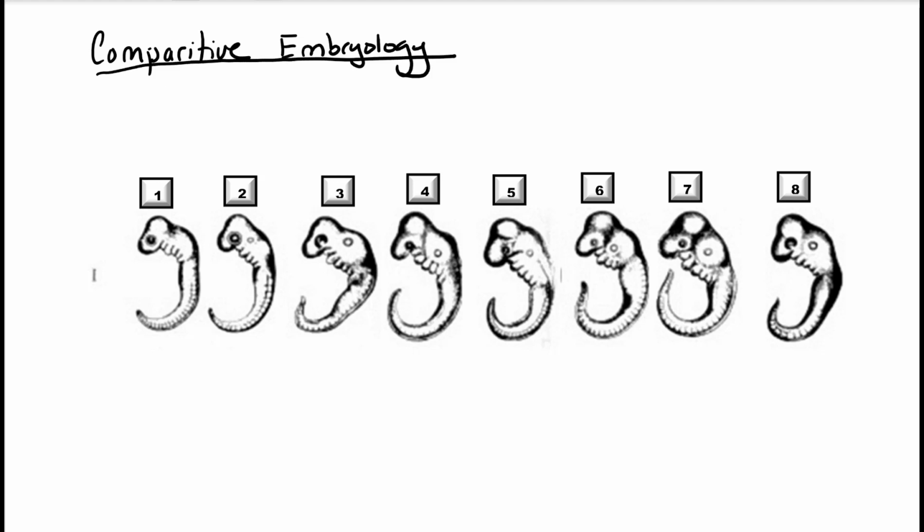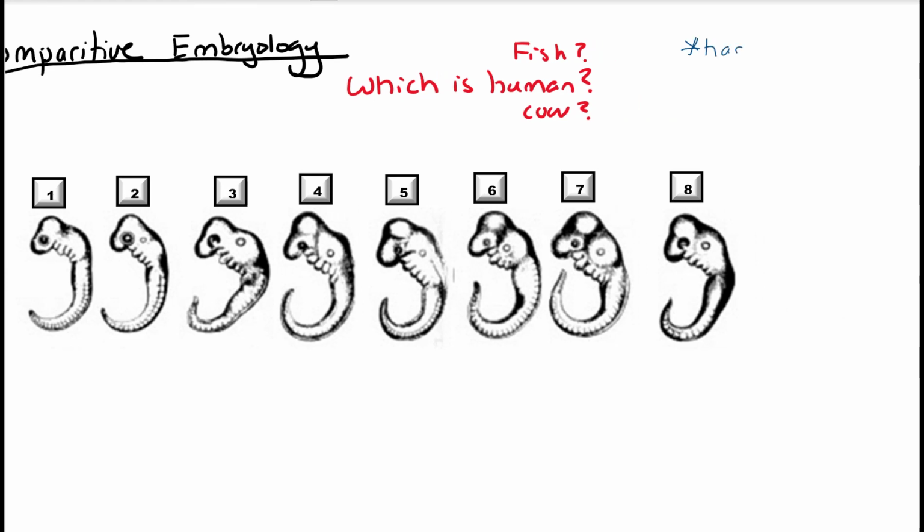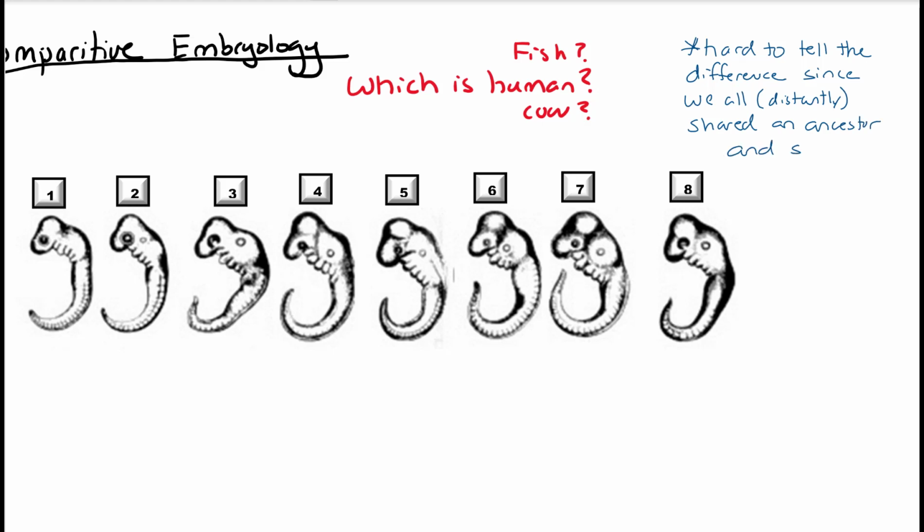Our second to last, or third, evidence is comparative embryology. Which one of these things are human? Or fish? Which one's a cow? There's a salamander, I believe, on here. Really hard to tell the difference, because all those organisms did share, even us and a salamander, a fish. There's actually a book called Your Inner Fish, very good book.